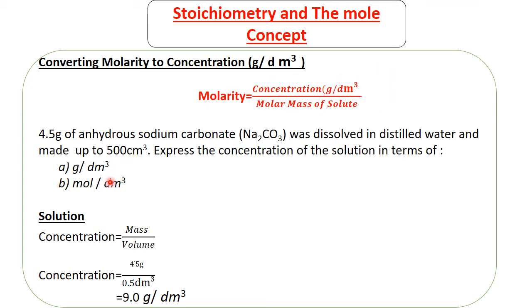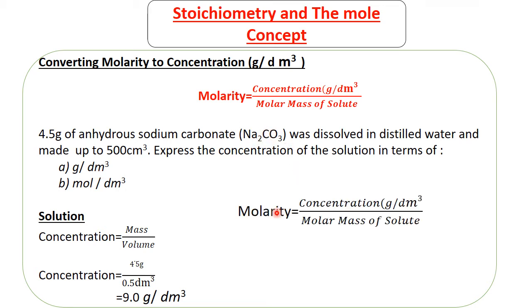Then the shortcut is the one we are learning here. In the shortcut, you just have to use the formula where you divide the concentration in grams per decimeter cubed by the molar mass of the solute. So molarity is concentration over molar mass of solute. The concentration is 9.0 grams per decimeter cubed, and the molar mass of sodium carbonate is 106 grams per mole.